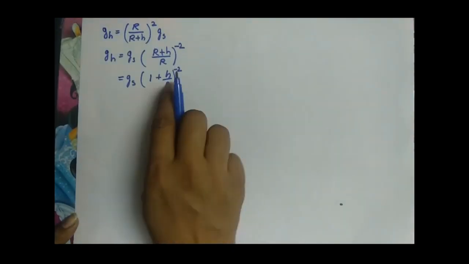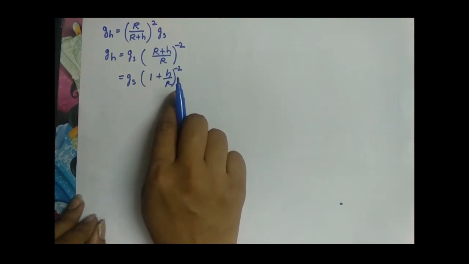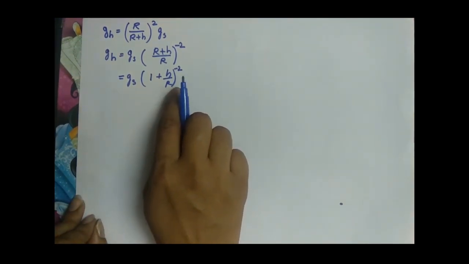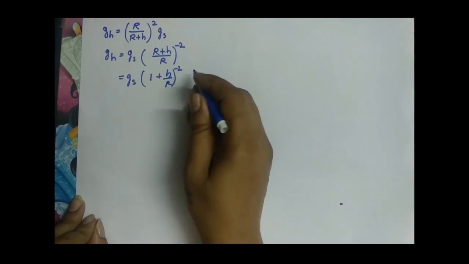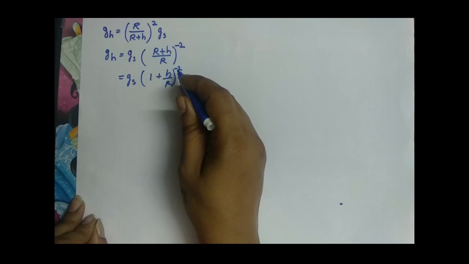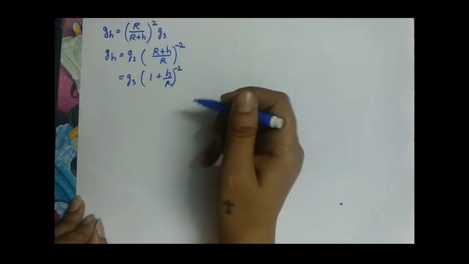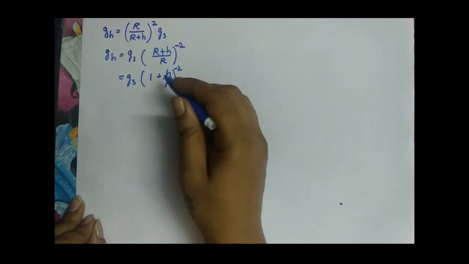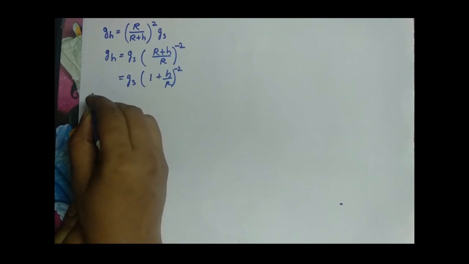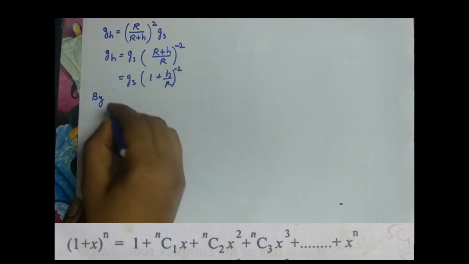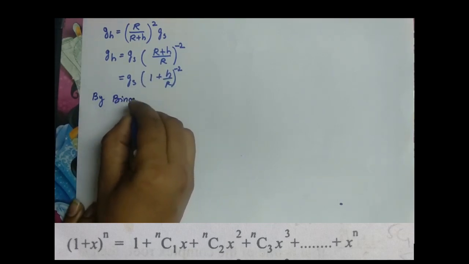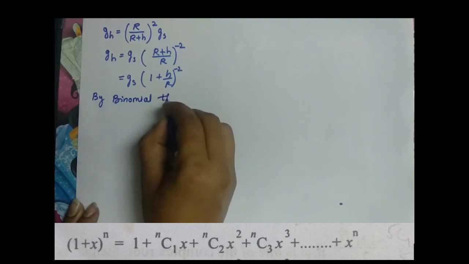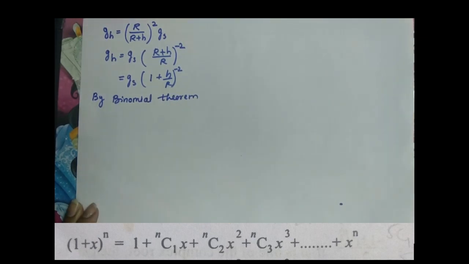When you expand this one, in the earlier standards you have learnt how to expand if it is a whole square, whole cube, but you don't know how to solve when the negative power comes. There is a method which we use to expand such factors, that is known as binomial theorem. So we expand this bracket term by using binomial theorem. What is binomial theorem?